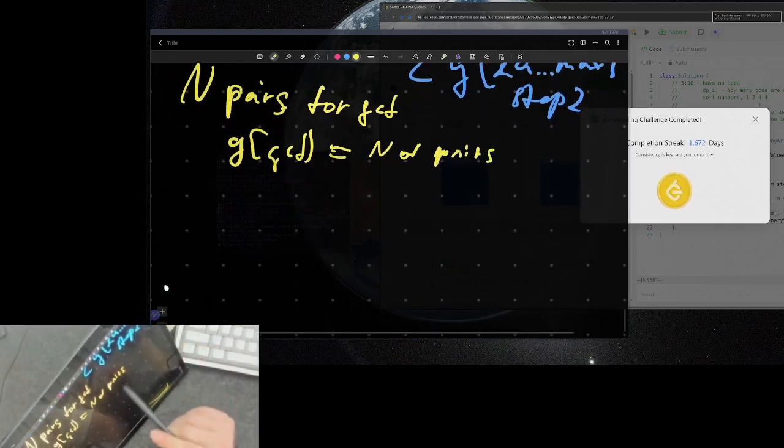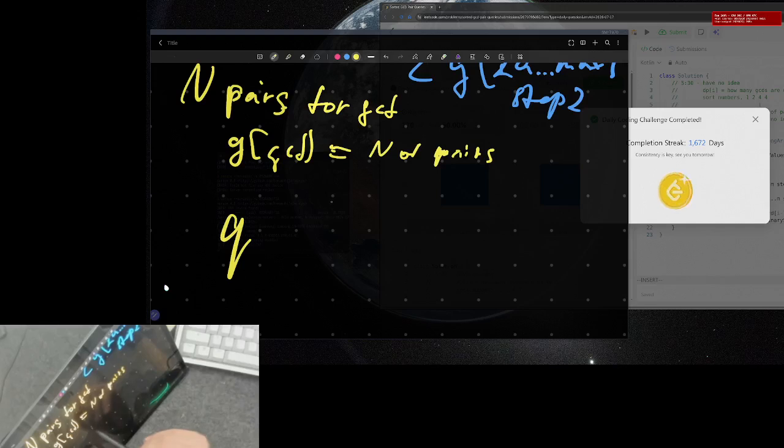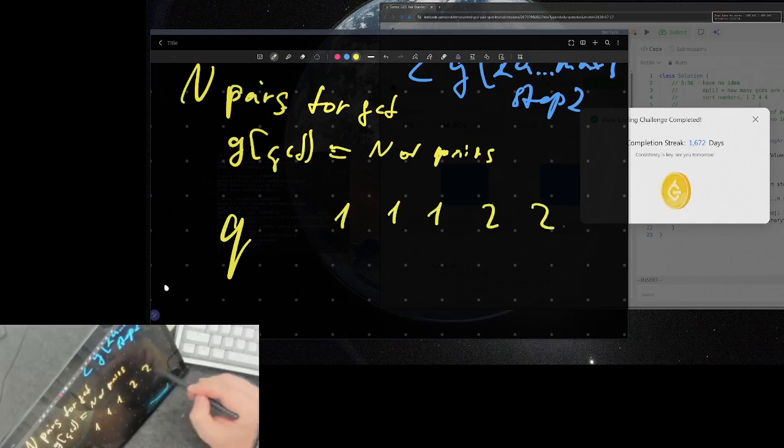Okay, we have the number of pairs, and then our query is just this. So we have the number of pairs like 1, 1, 1, 2, 2, and so on. This is g, and after that we compute the prefix sum.